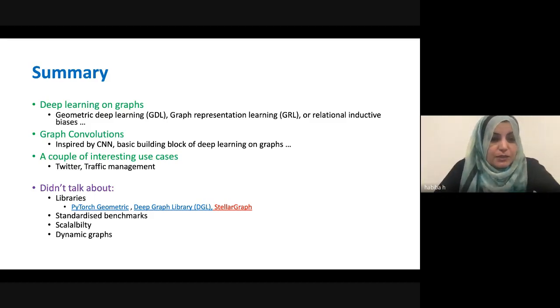Also didn't talk about standardized benchmarks. By that, what I mean is that right now this field is really all over the place. There's not even a consensus on terminology. So it's really hard to understand which method works where and why. Just the way in any typical academic setting, every paper thinks that what they're building is really better than anyone else's, and all you have is what they are saying, or what they have tried on their data set, and how they have fine-tuned their hyperparameters.